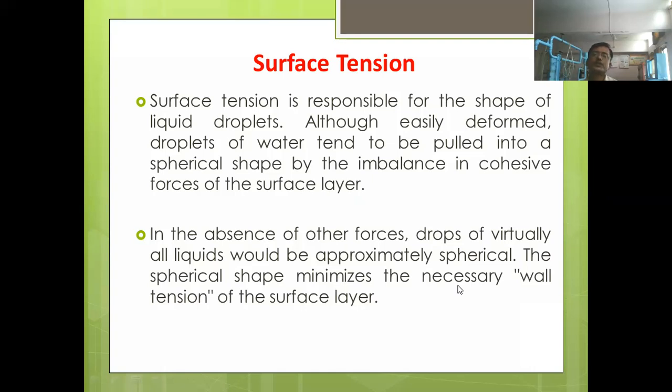Droplet of water tends to be pulled into a spherical shape by imbalance in cohesive force of the surface layer. Okay, cohesive force मुळे त्या ठिकाणी काय होतो, तो spherical shape मध्ये येण्याचा प्रयत्न करतो. What is the reason behind that? Because the spherical shape, here you can read it. Spherical shape minimizes the necessary wall tension.